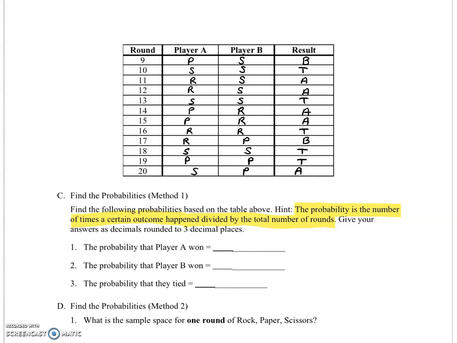So in this case, the probability is 7 over 20. And if we round that to 3 decimal places, sorry, in this case, those little squiggles I drew originally mean approximately, but this is an exact answer. So 0.35.